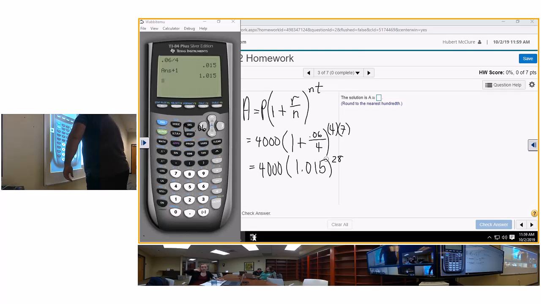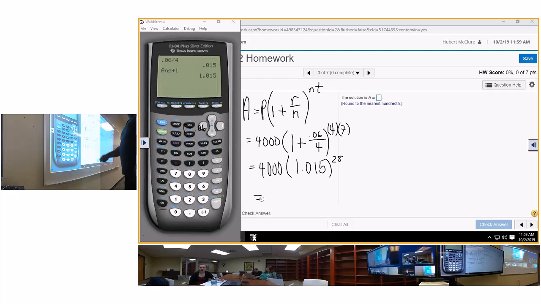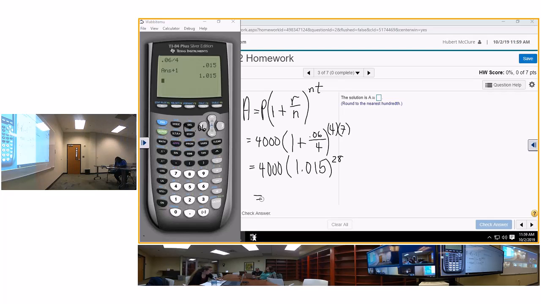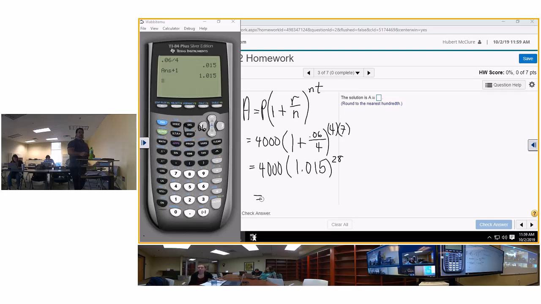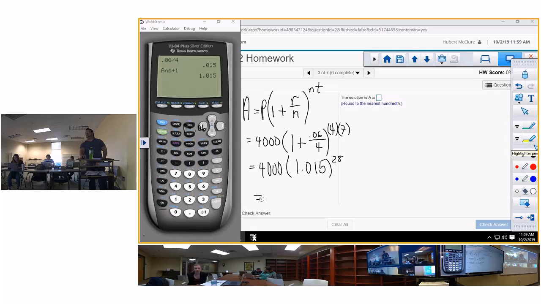Okay, now we need to raise that to the 28th power. So how do you do that? You get the caret symbol. So here's the caret symbol right there. It's right below the clear button, right above the division button. It's called the caret symbol, K-A-R-E-T. Get the caret symbol and raise it to the 28th power.